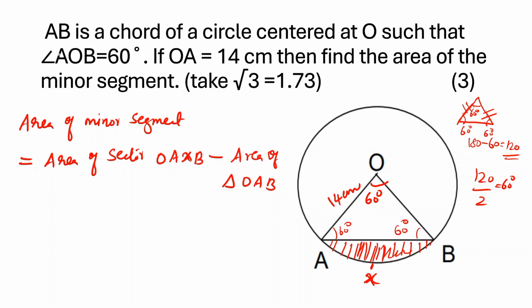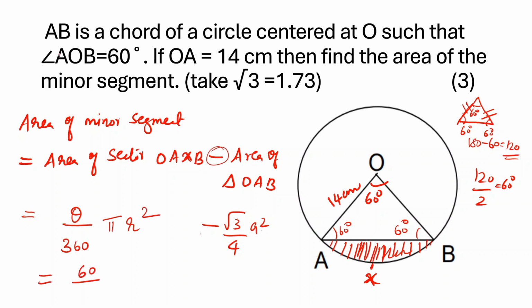For equilateral triangle, you can use the area formula directly. Root 3 by 4 a square. This minus is from here only. Area of the triangle OAB is root 3 by 4 a square, and area of the sector, you know, theta divided by 360 pi r square. Theta is given 60, 60 divided by 360 times 22 divided by 7 into r.